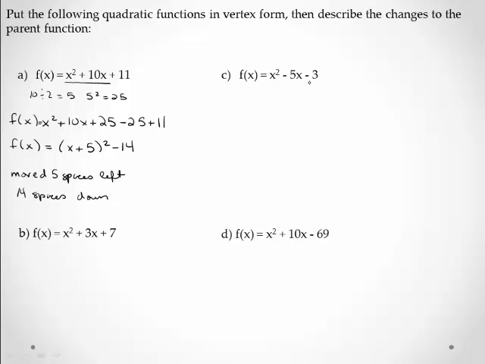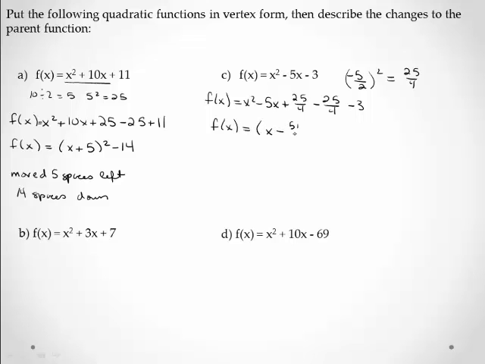Okay, trying this one. -5 divided by 2 squared is 25/4. So I will add 25/4 and subtract 25/4. So I have (x minus 5/2) squared.